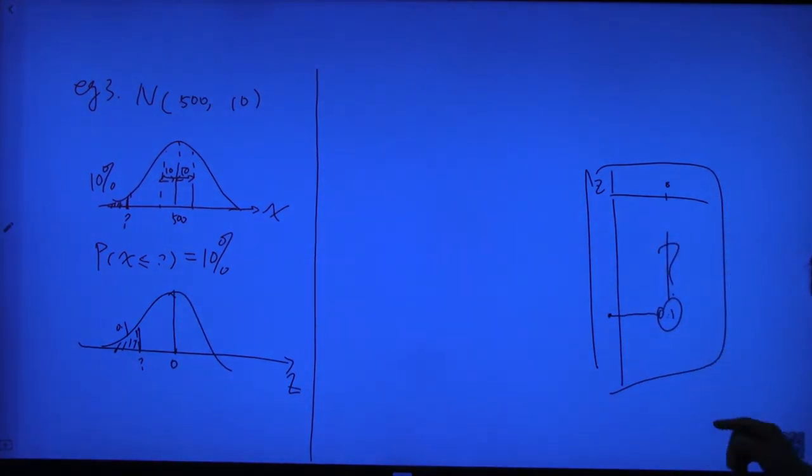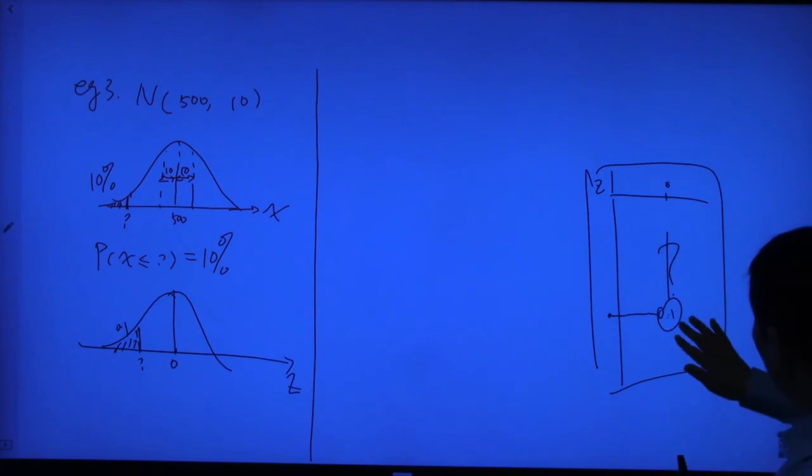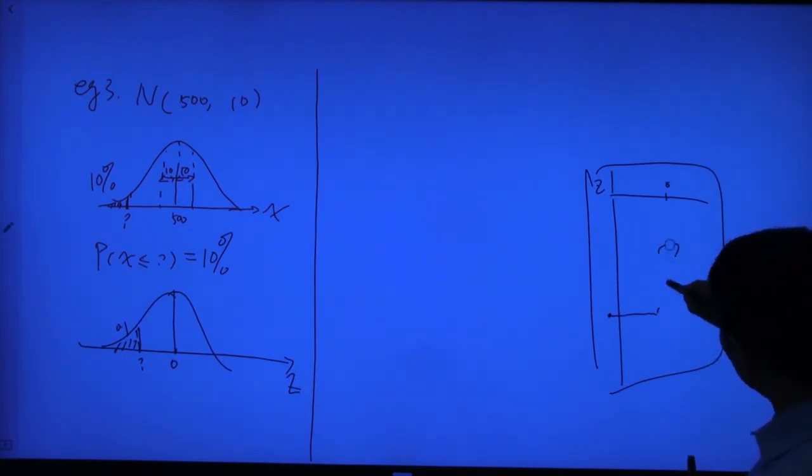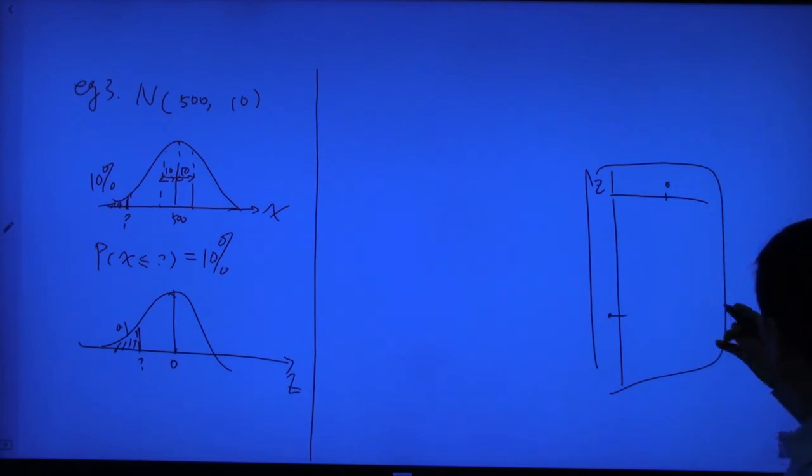Now we look at table A to find the z-score. We are going to find 10%. Where is it? The 10% is somewhere here.